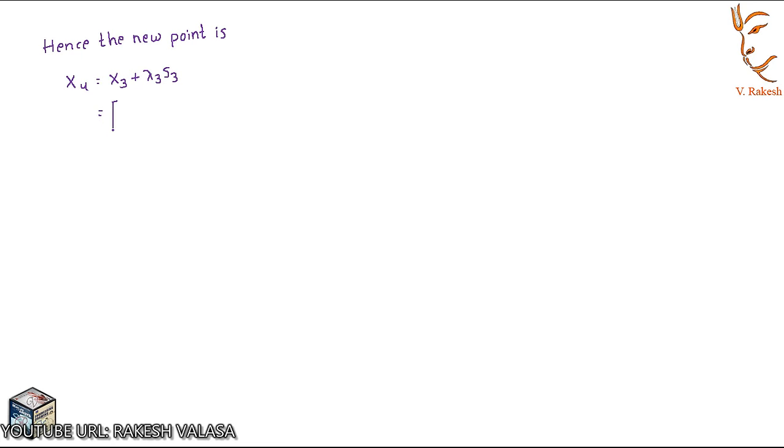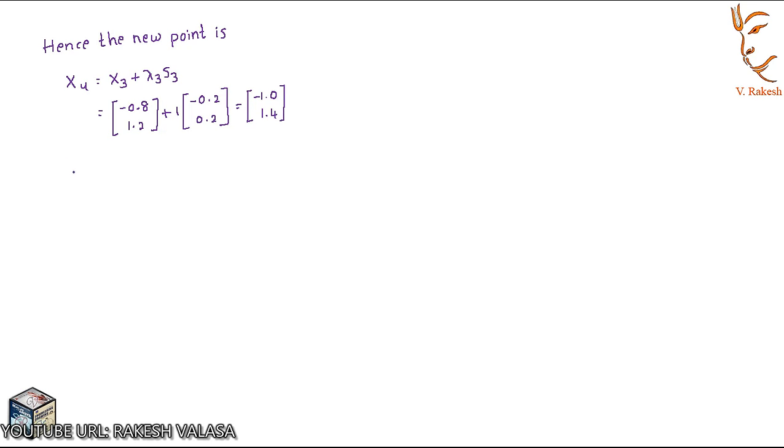X3 is minus 0.8, 1.2. Lambda 3 value is 1. S3 value is minus 0.2, 0.2. Now simplify this one, we get minus 1.0, 1.4.